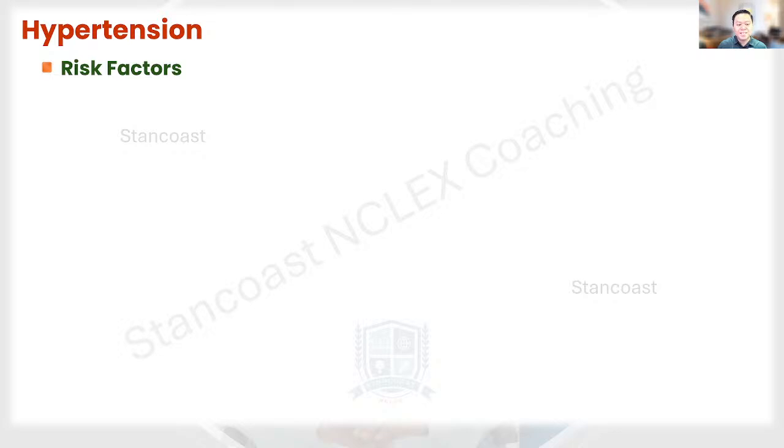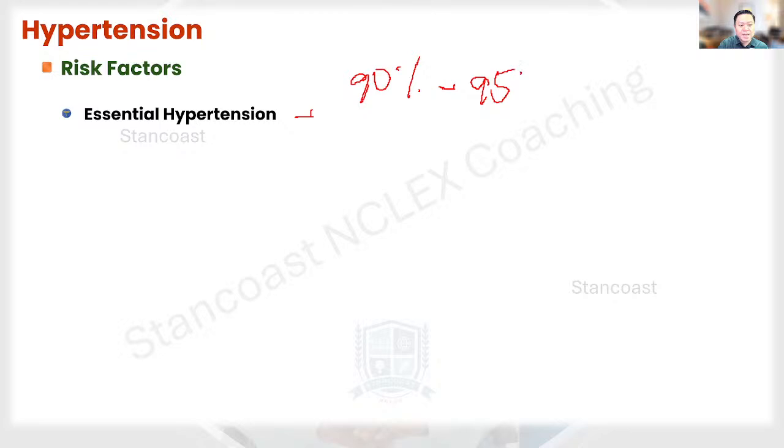So what is this? Well, this comprises about 90 to 95% of all cases, where the exact cause of the hypertension is not known, right? When we're talking about essential hypertension, it will develop gradually over many years, and it tends to manifest in middle-aged and older adults.